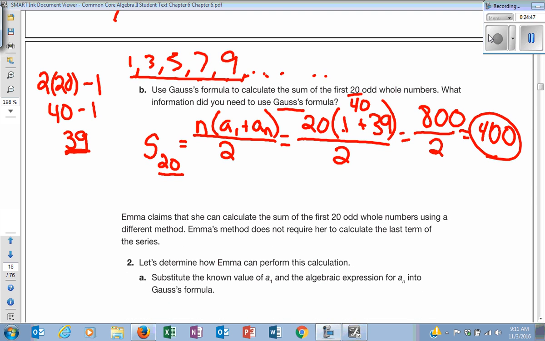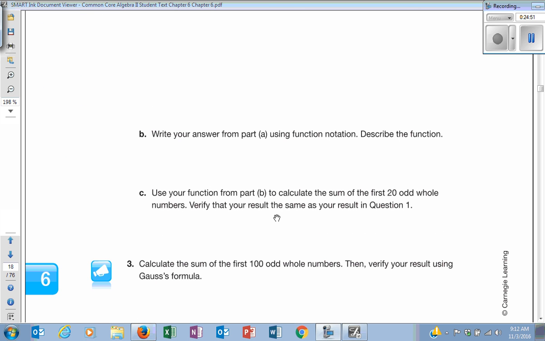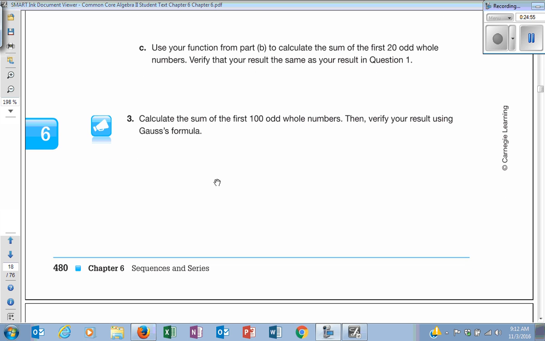For the next question, I don't really want to go through what they did here, so question number 3 says calculate the first 100 odd whole numbers. Find the sum of that. I want you just to do it using Gauss's formula. Don't worry about any of this stuff up here.